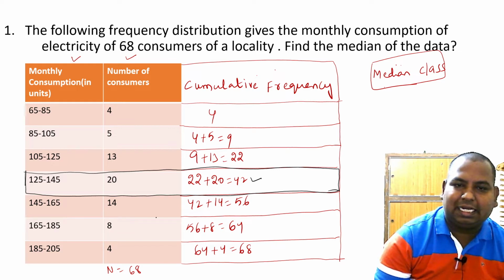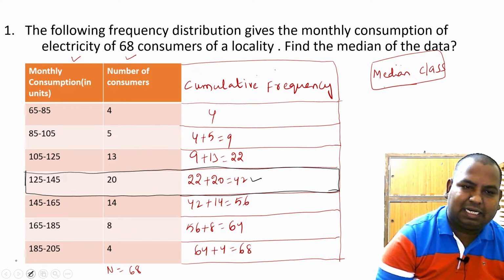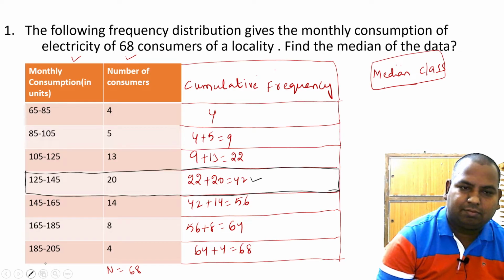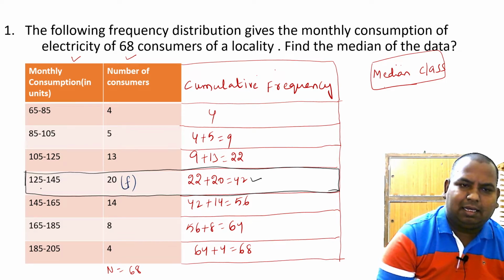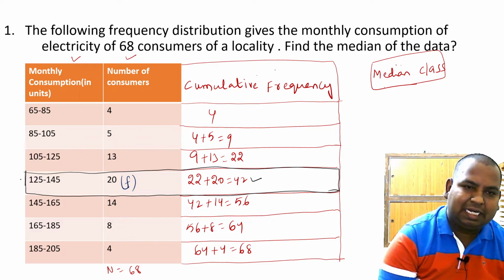Now in this median class, the frequency of the median class is f. So here f is 20. Next, the lower limit of the median class is L. So what is the lower limit here? The lower limit is 125. That is L.